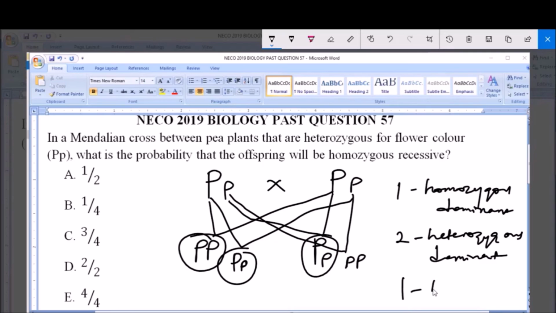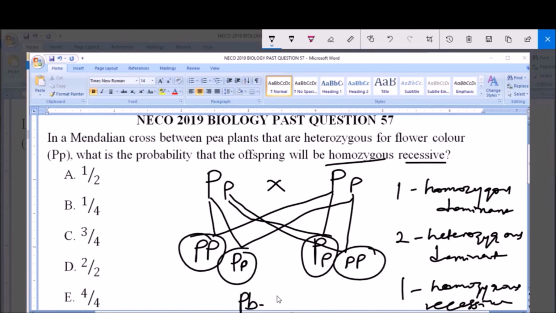Then we have one homozygous recessive, which is this. Now the question says, what is the probability that the offspring will be homozygous recessive? Out of these 4 outcomes, just one is homozygous recessive. Therefore, the probability of homozygous recessive will be equal to 1 over 4, and that is option B. So the answer is option B, 1 over 4.